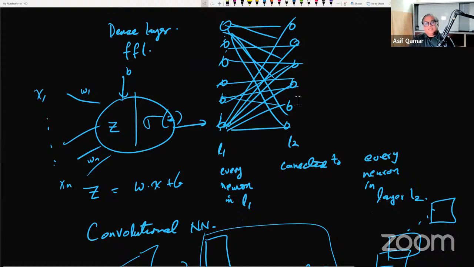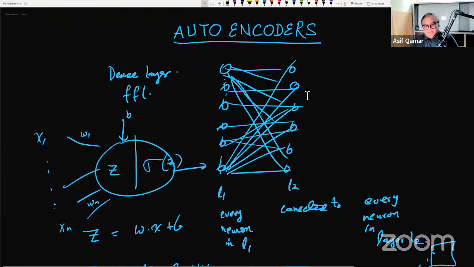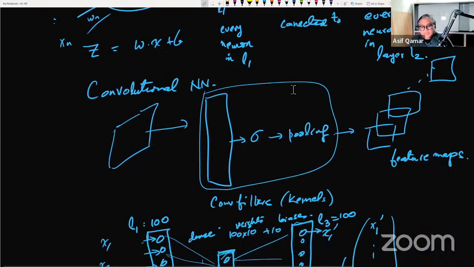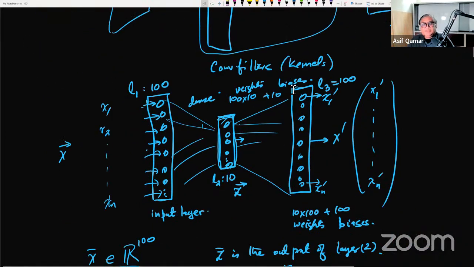Okay, this is better. So let's start by reviewing the autoencoders. We learned that the classic picture of an autoencoder is something like this, that there is a bottleneck layer. These are the undercomplete autoencoders.